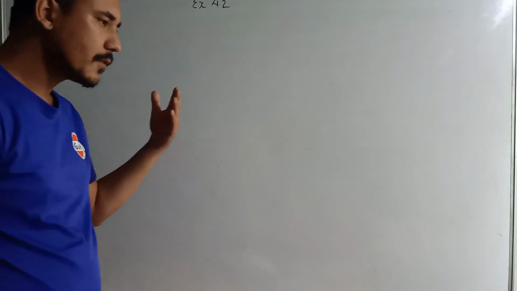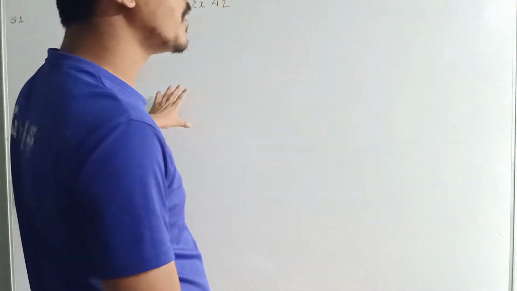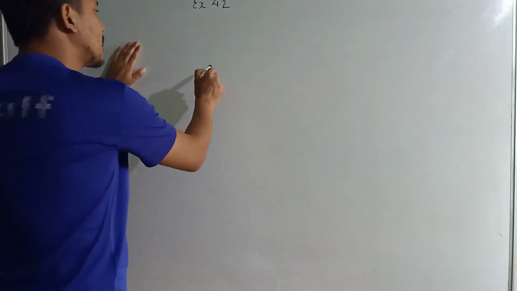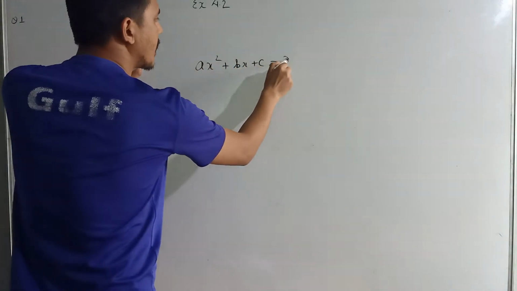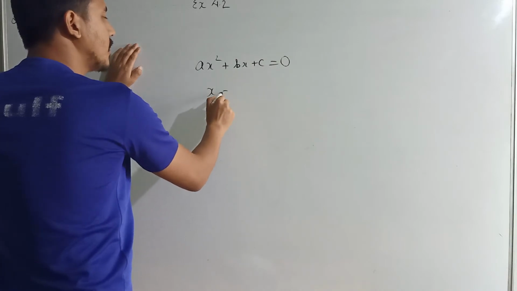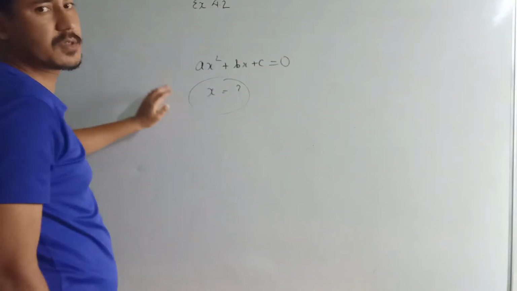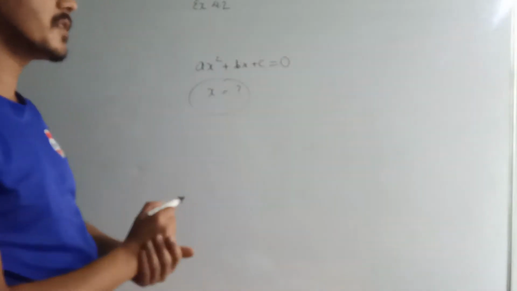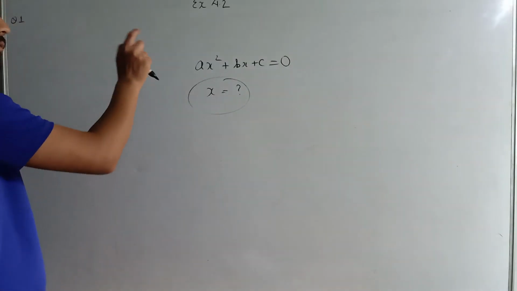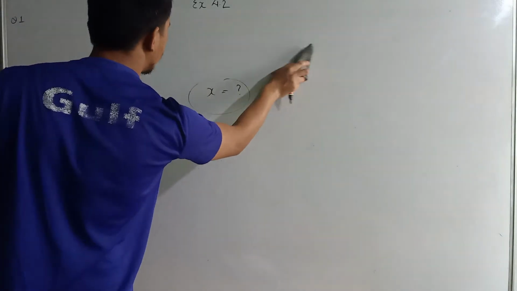So root means the value of the variable. If your quadratic equation is x squared plus bx plus c equal to 0, here x is your variable. So the value of x which satisfies your given quadratic equation will be known as the root of your quadratic equation.